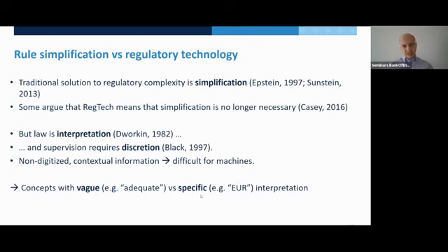However, law requires interpretation and supervision requires discretion. So not every rule can be automated, because there are some vague terms, or sometimes interpretation is required and discretion is required. So we wanted to study to what extent there is an occurrence of vague concepts or specific concepts in rules.